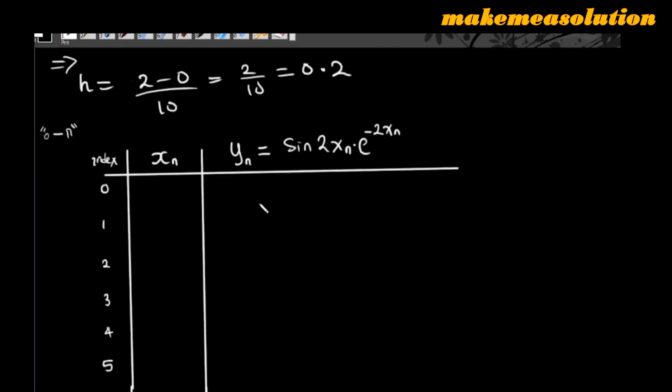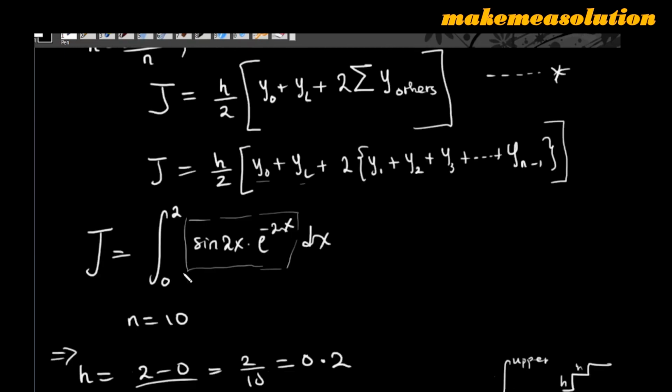So this is how we are going to step our x. Our x runs from the lower limit of the integral to the upper limit of the integral, in steps of h. So what do I mean? The lower limit of the integral is 0 and the upper limit of the integral is 2.